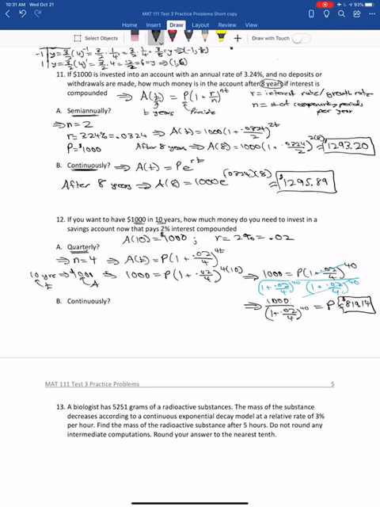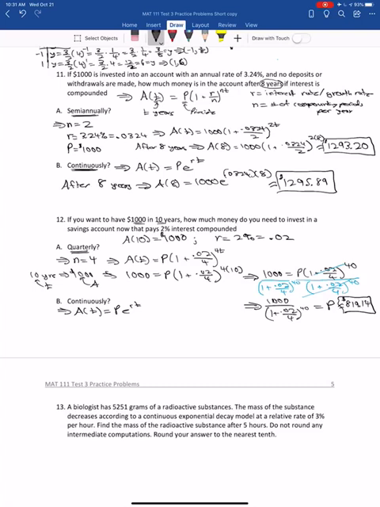So let's go ahead and look at it continuously. Let's do the same thing on our model. Now continuously, what is our model here? So we got our exponential model, A of t equals P e to the rt.